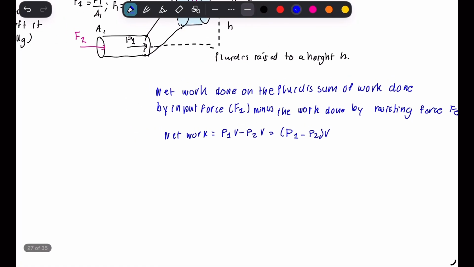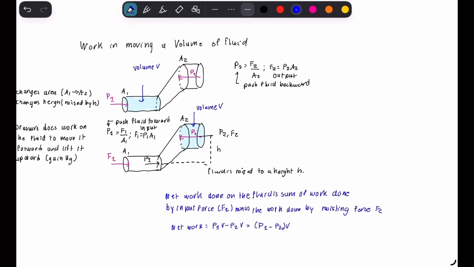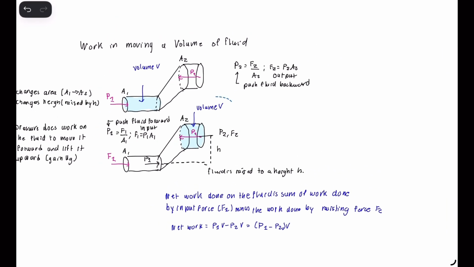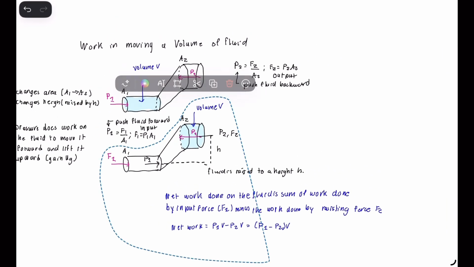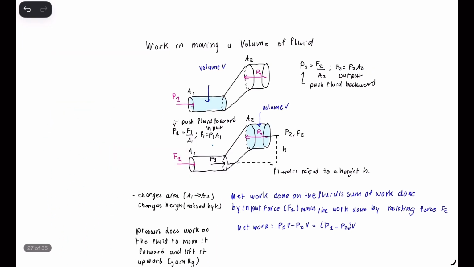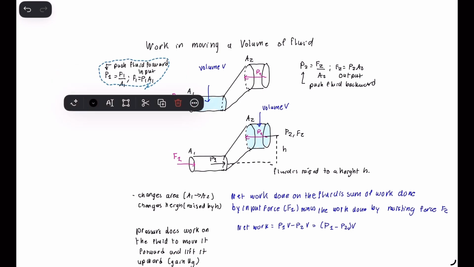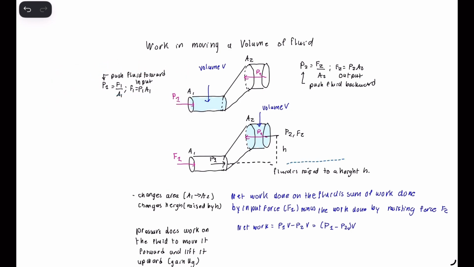Some other equations we can write for in and out: let's move this here. So for in, we have these, and then for out, we have that. So that's fluid raised to a height h. We can leave that there.